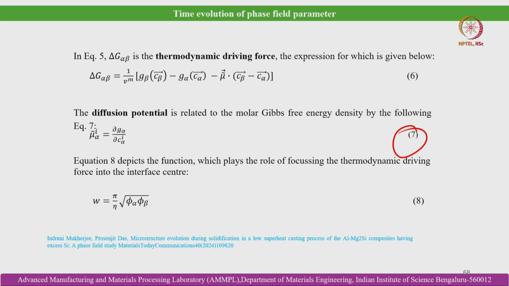Then equation 8 depicts the function which plays the role of focusing the thermodynamic driving force into the interface center, which is written as W is equal to pi by eta, where eta is the interface thickness between the solid and liquid phases, root over phi alpha phi beta. These are the phase field parameters for the alpha and beta phases. Okay.